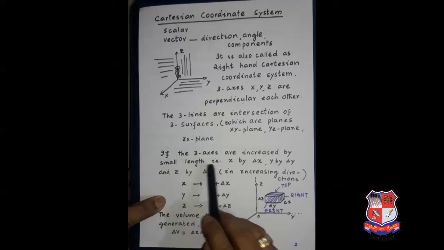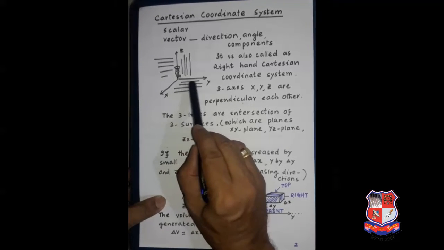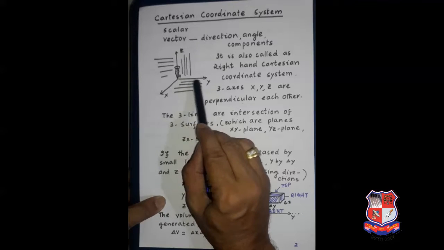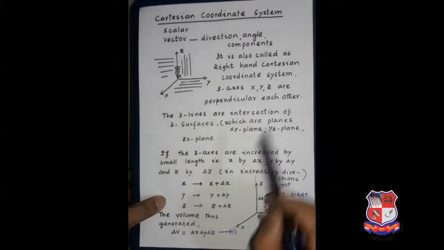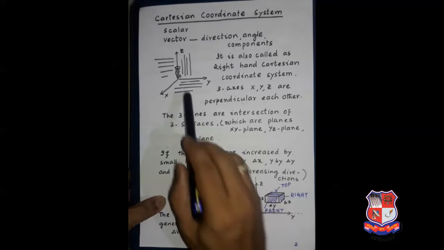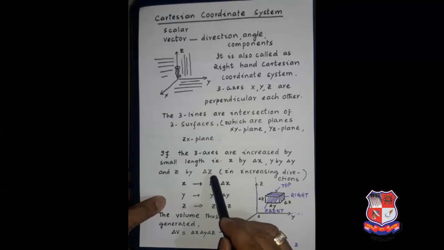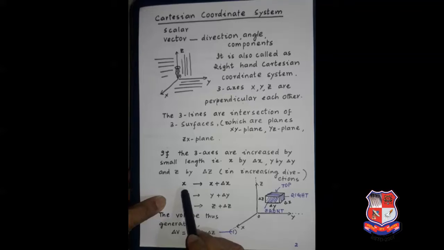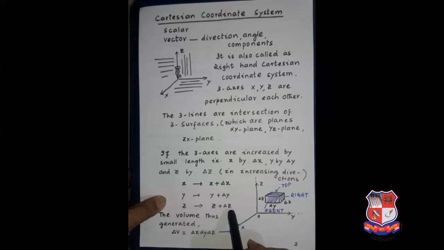Now here, if I give a very small increment along the three directions, x will be increased to x plus del x, y will become y plus del y, and z will become z plus del z.